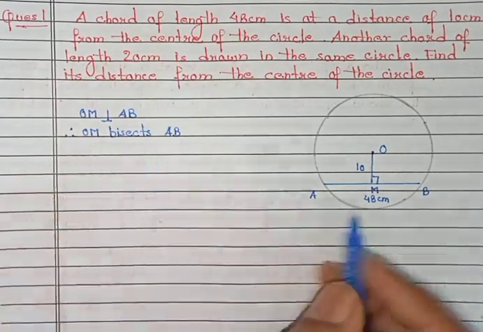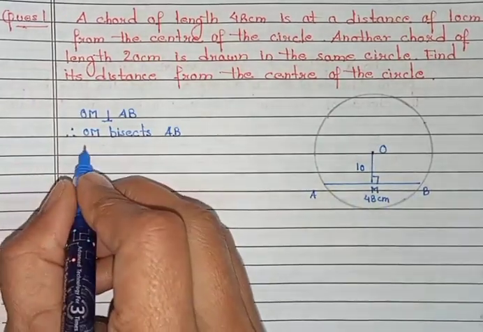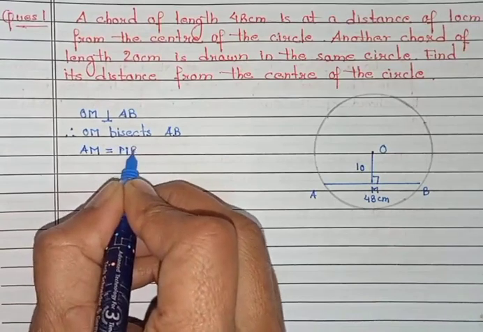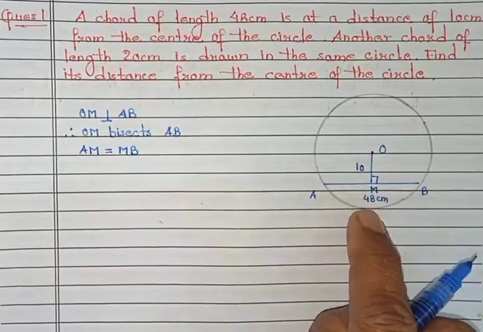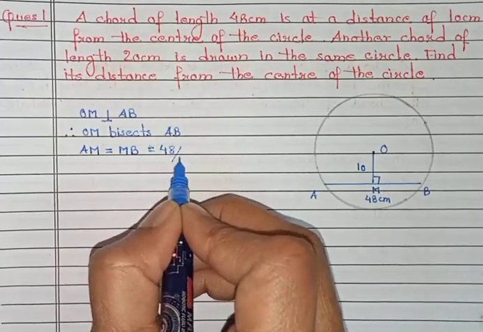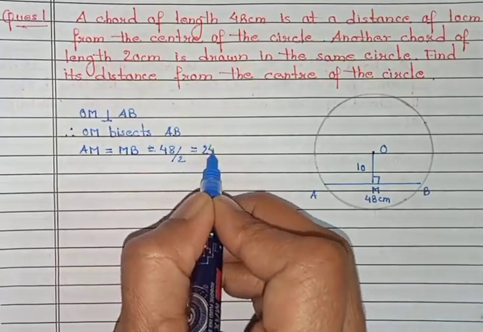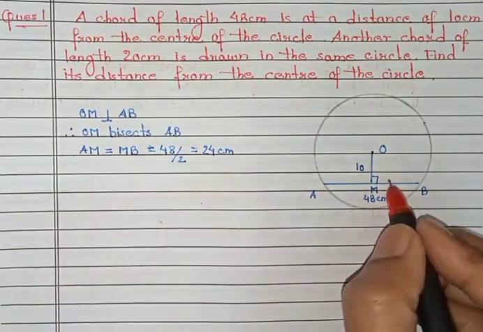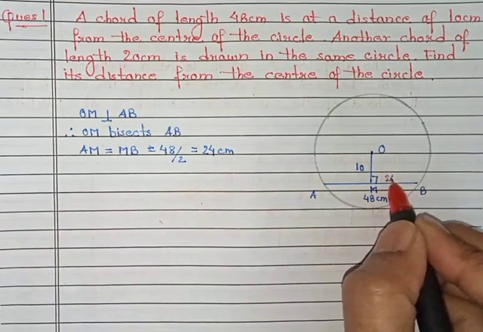So if OM is bisecting AB, we can say that AM is equal to MB. These two parts will be equal, so it will be 48 upon 2, that is 24. So we have got this part as 24.